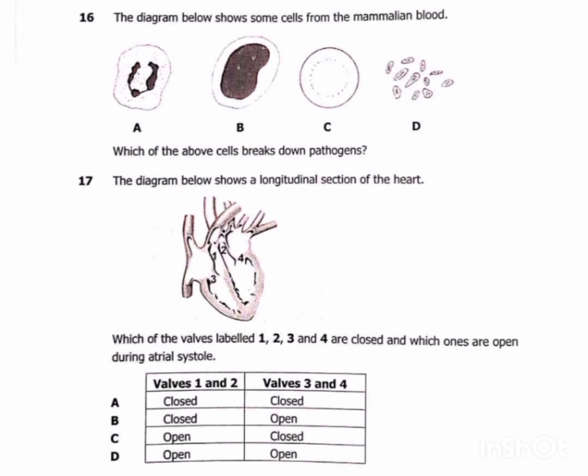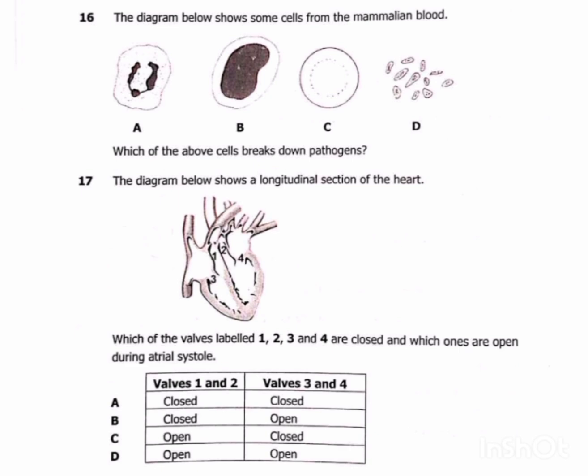So valves 3 and 4 should open because we want blood to go into the ventricles, the chambers of the heart below. During atrial systole, the contraction of the atria pushes blood downwards into the ventricles. So the valves below should open, and the valves on top should be closed.